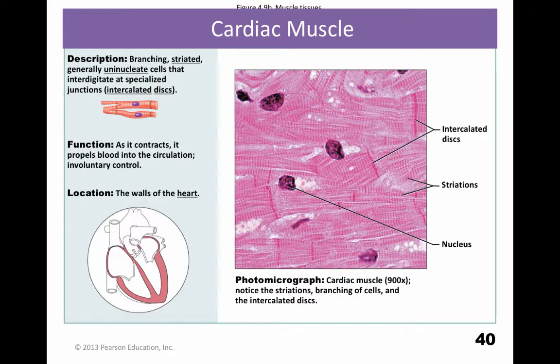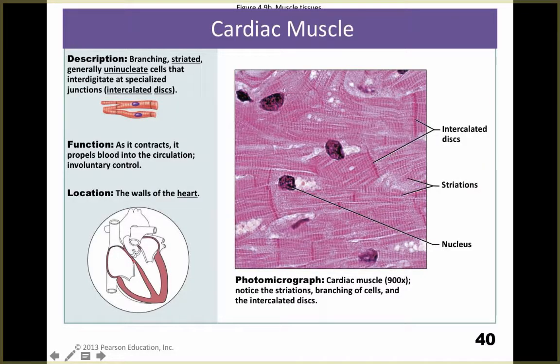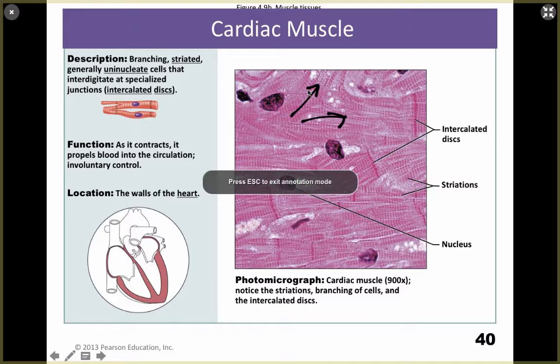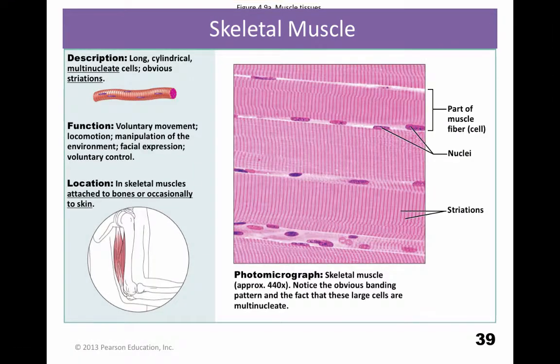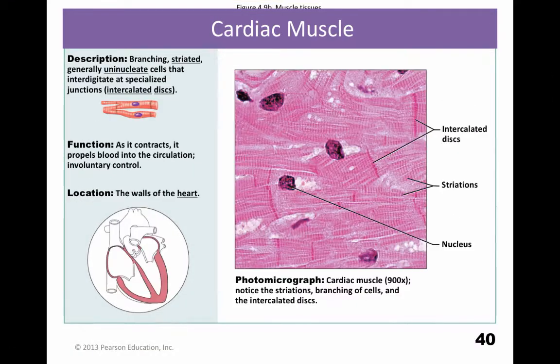Cardiac muscle, it's branched. You can see things going in all these different directions, right? Versus the one a moment ago, which was very uniform and straight throughout. And that's how you can tell it is striated just like before.